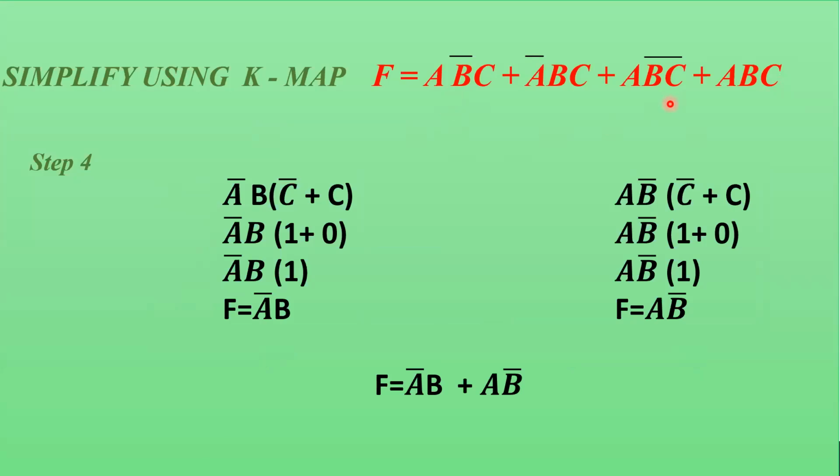Tell me the common between these two gates. A and B complement is common. C and C complement is not common. Clear? So A and B complement take outside.